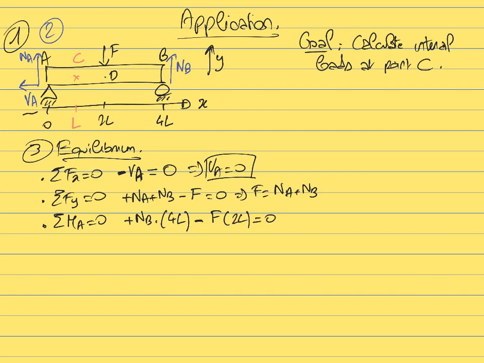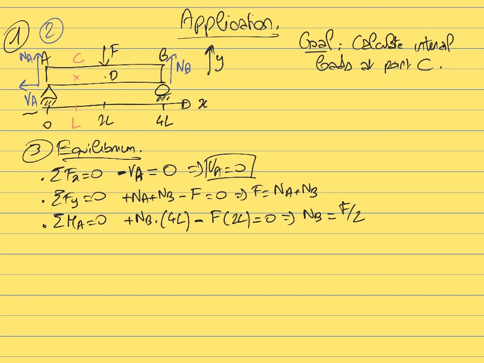And the sum of this has to be equal to 0. So based on this, you can find directly that the unknown force NB is equal to F divided by 2.